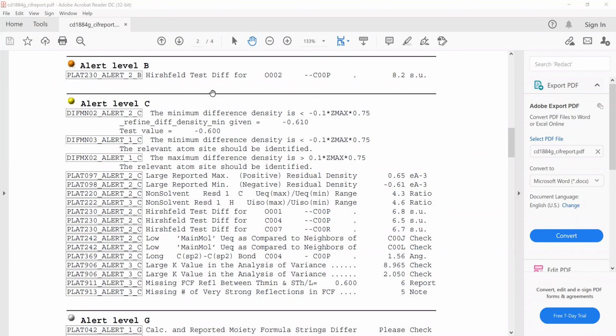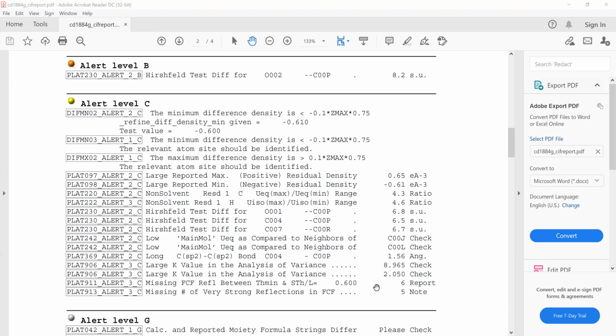So with the alert level B, it's saying one of these thermal ellipsoids is large compared to its neighboring atom. So maybe we have the wrong atom type. And with these alert level C's, especially the first 4, they're mentioning that we have this large electron density peak. Check to see if it's a relevant atomic site. So we'll take a look at both of these and see if we can address each one of these issues.